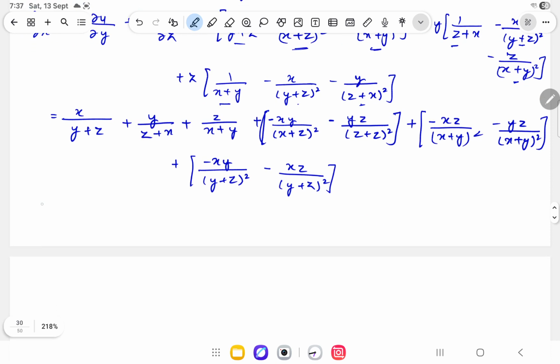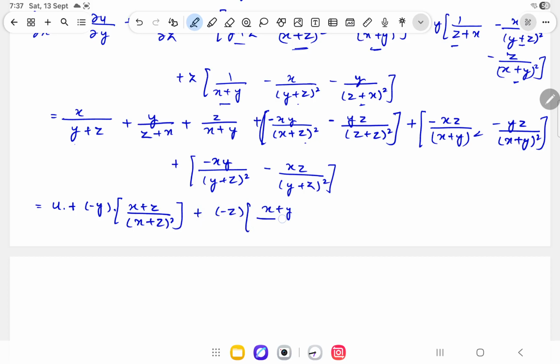If we simplify it, we observe that this term is equal to u only, so it will be u plus, from here we can take minus y as common, minus y into (x plus z) divided by (x plus z) square, plus from here we can take minus z as common, so we'll be left with (x plus y) divided by (x plus y) square, plus from here we can take minus x as common, so we get (y plus z) divided by (y plus z) square.